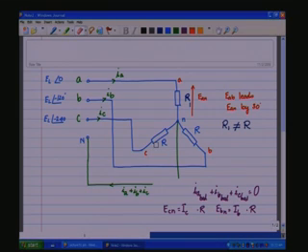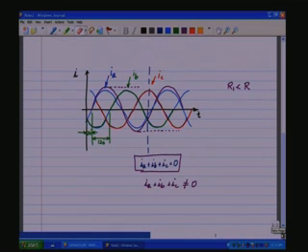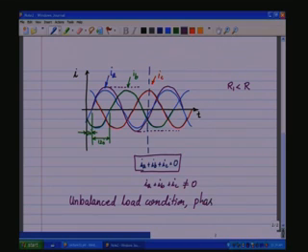So, if you have harmonics in A due to some load impedance change there, then that harmonics will also get reflected on the other two phases. So, there will be distortion in the other two phases. Which means under unbalanced load condition, the phase voltages will get distorted.